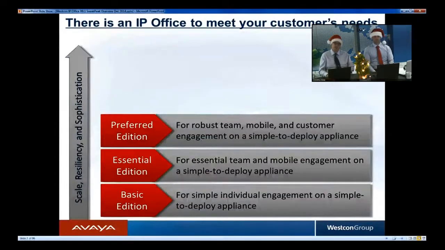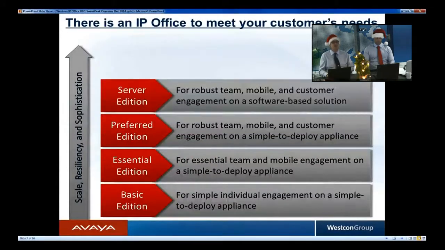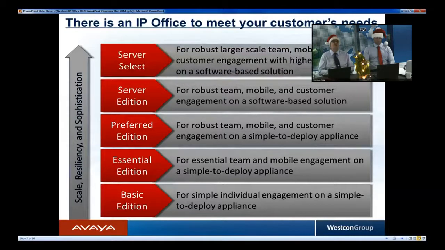The next one prior to this release would have been Advanced. Advanced Edition has gone. There is no Advanced Edition whatsoever with release 9.1. CCR has gone completely out of it. We have Server Edition, which we've had for a while, but the new one that's come out with release 9.1 is Server Select. We'll go into some detail about what Server Select gives you in a minute.